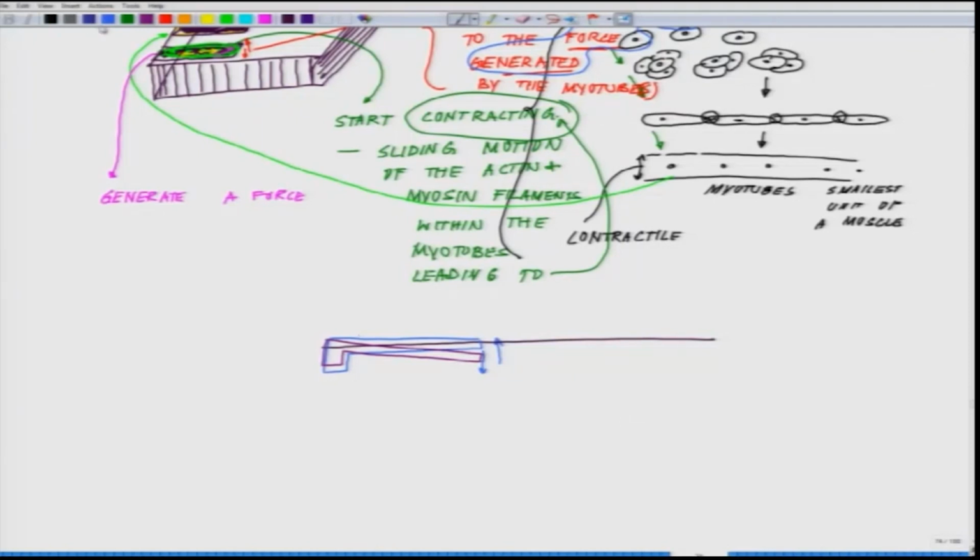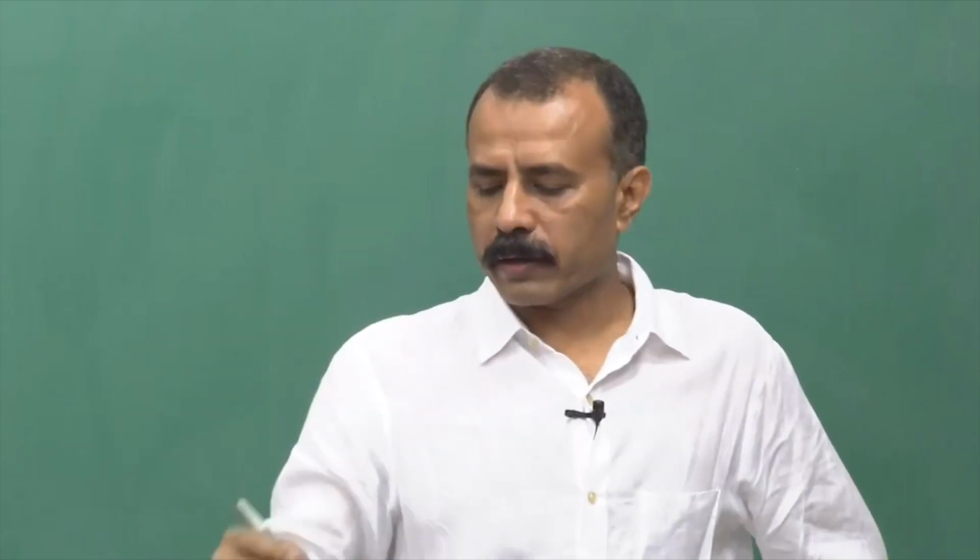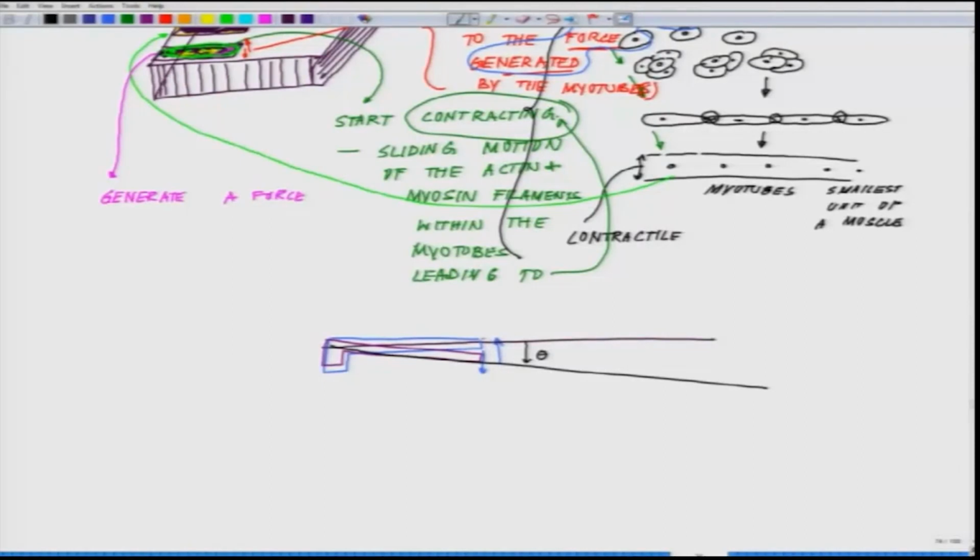From the baseline there will be a shift of an angle, which we denote by theta. It falls down, and then again goes back to its original position, then again it bends and again goes back.